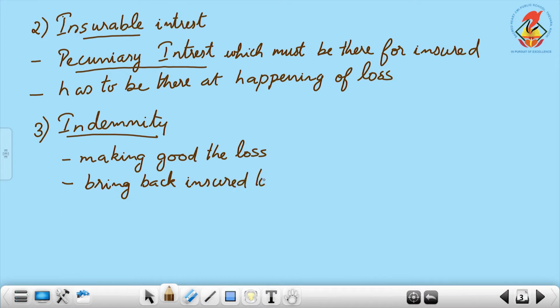the insured to the position before the happening of loss. That is what is meant by making good the loss.